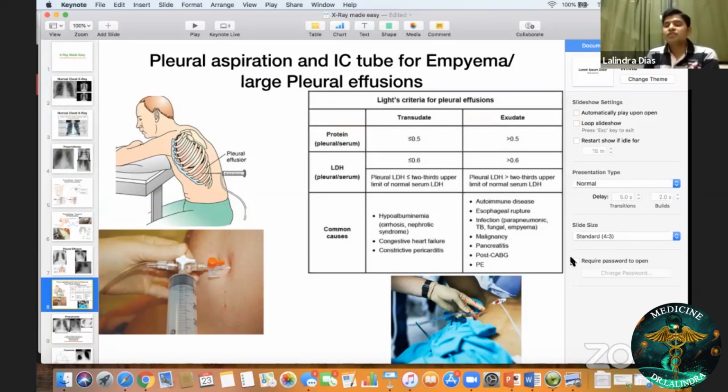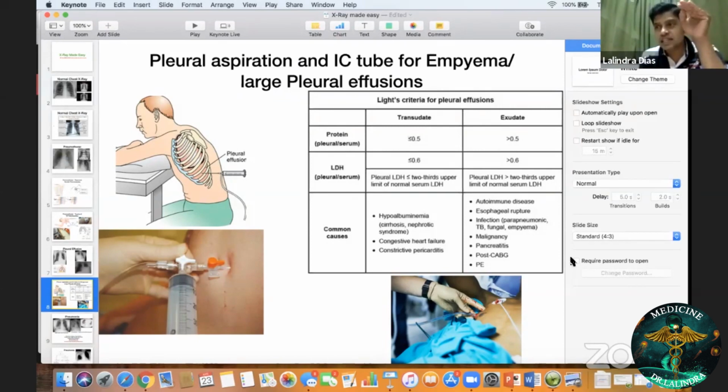There's another way of differentiating exudate and transudate, a simple way. It's even easier than the method that I told you earlier. The method that I told you earlier is called Light's criteria. So if your pleural fluid contains more than 30 grams per liter of proteins, it's an exudate.